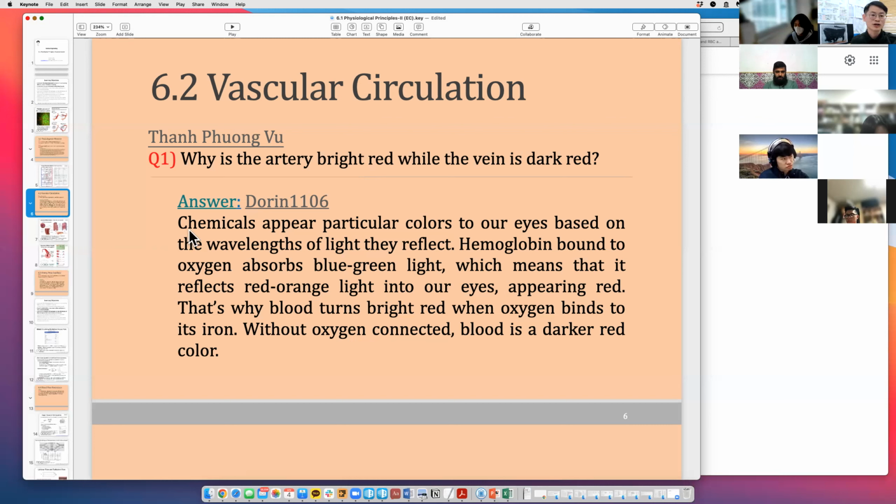So let me ask Youngmin a question for this. Why do you think blood vessel, especially its vein, looks green to your eye?